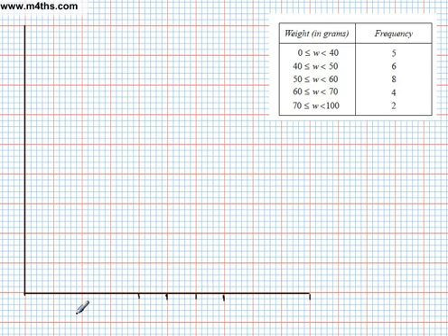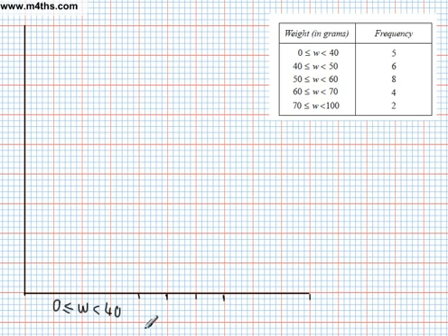So this one here I'll write horizontally: 0, which is included, so the weight of whatever it was, chocolate bars or something. Now this one is going to be 40 to 50, 40 is included, and the strict inequality excludes the 50.